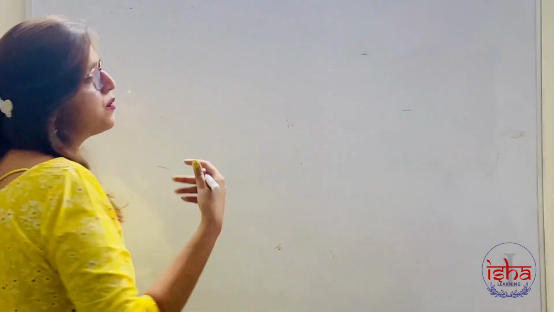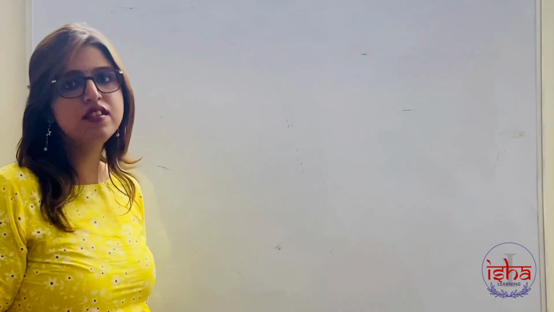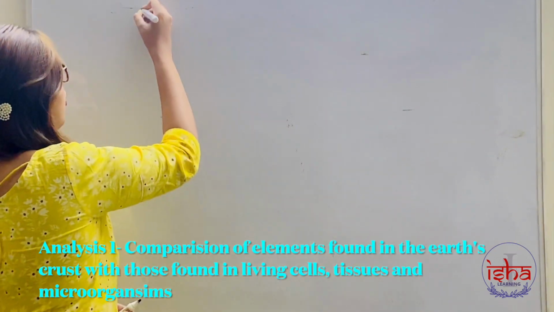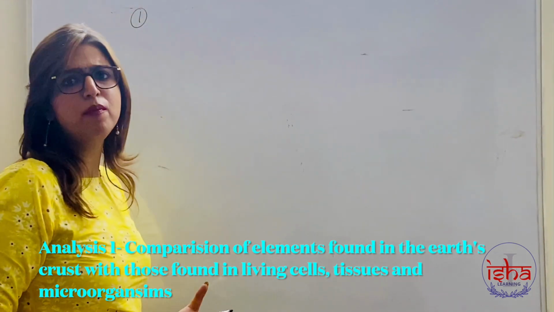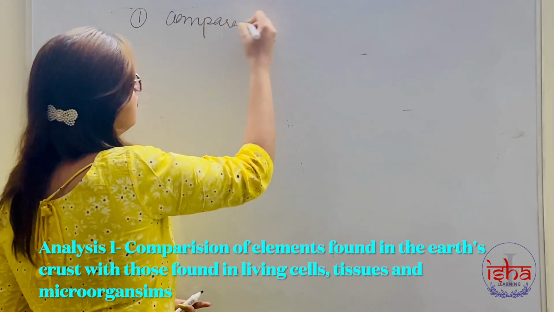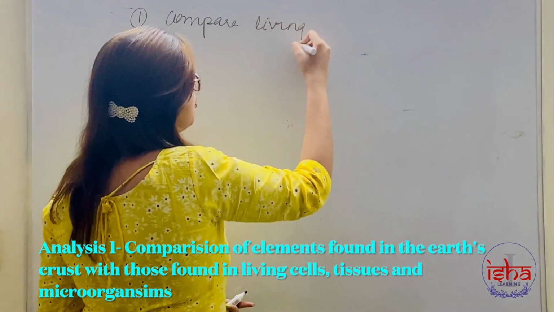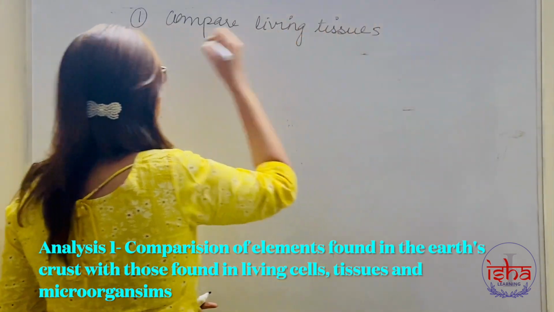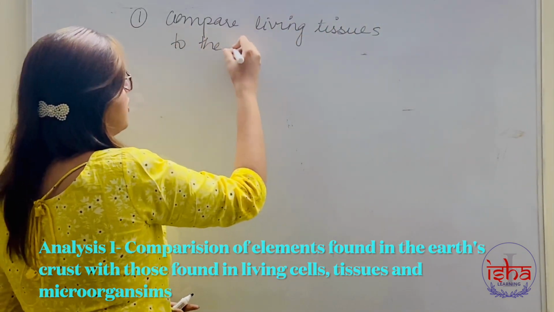So various experiments, various analyses were done to understand that. So first what scientists thought was, okay fine, let me compare living tissues to the elements found in the Earth's crust, right? To the elements in Earth's crust.